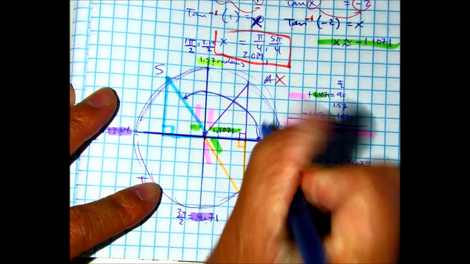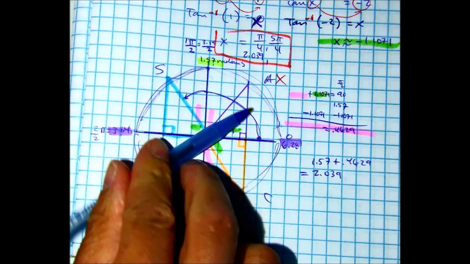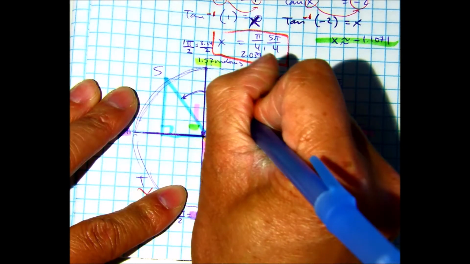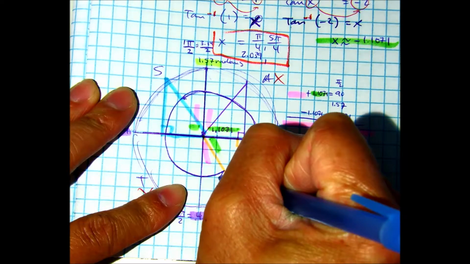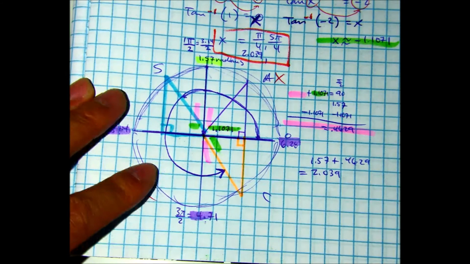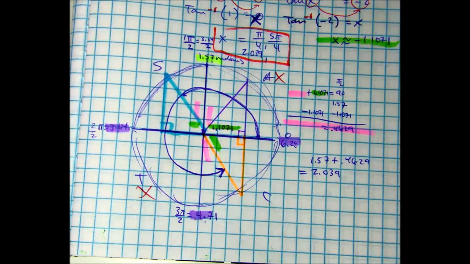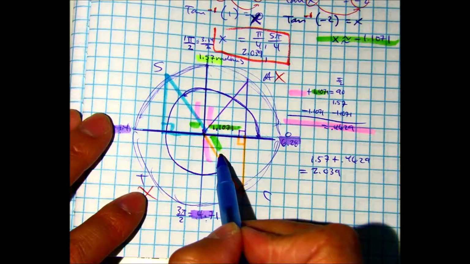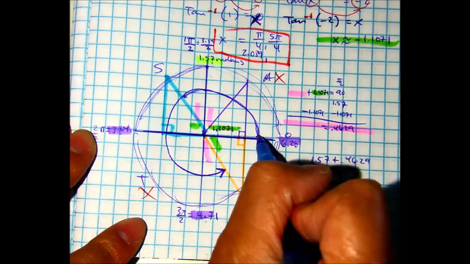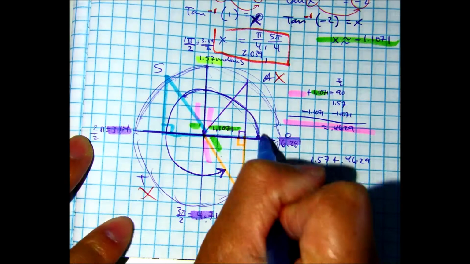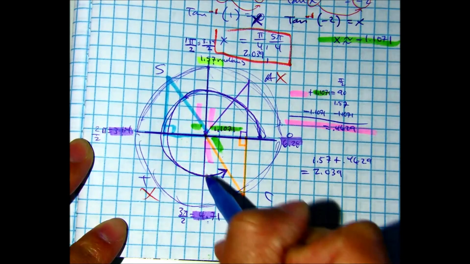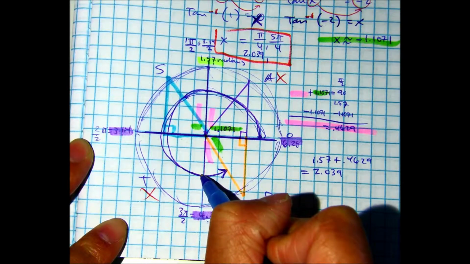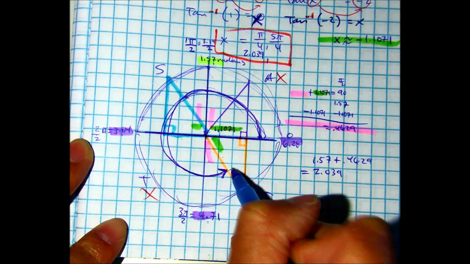Hannah, watch. I'm going to start here, right? Rotating it. Hannah, what color will we not need? The green. Raise your hand if you see it. So, 1.57, 3.14, 4.71 plus 0.4629.